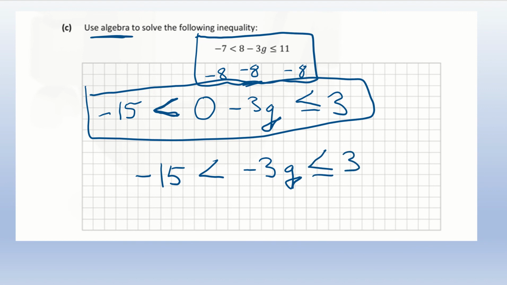Now the last thing we've got to do is get the g on its own in the middle here. So I'm going to divide the middle by -3, and I'll use a different color just to let you know what I'm doing. If I divide the middle by -3, I've got to do the same to both sides, here and here.